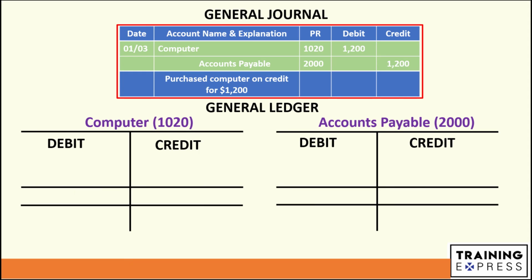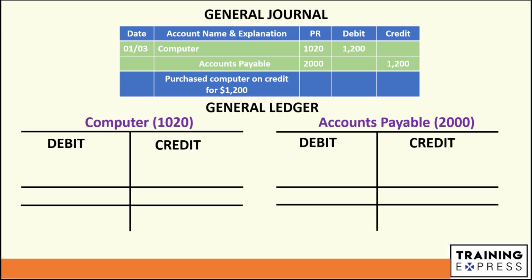Transaction number 3, the journal entry is computer account debit $1,200 and accounts payable credit $1,200. In the PR column, you can see the computer account number is 1020 and the accounts payable account number is 2000.